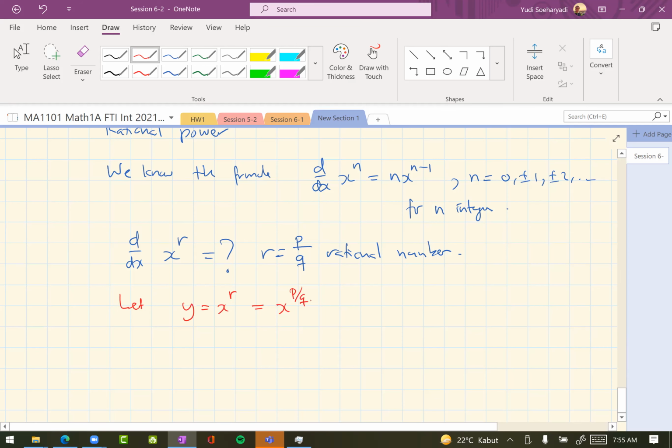And let's raise to the power of q. If you raise to the power of q, then you have y to the q equals x to the p.